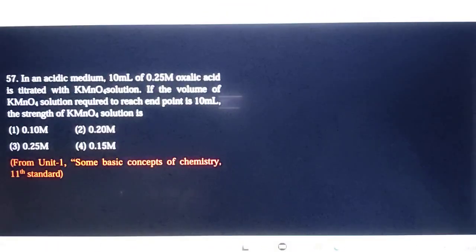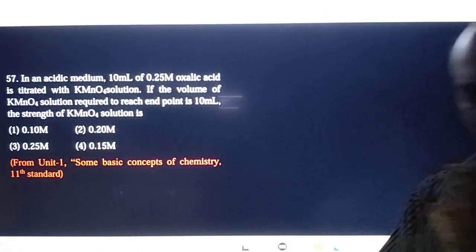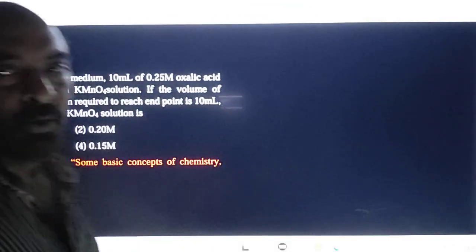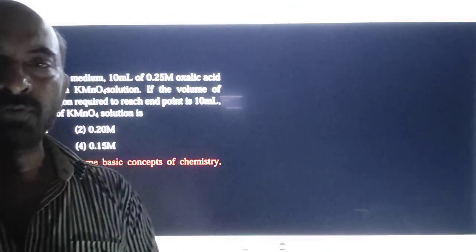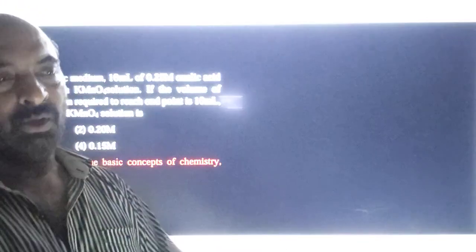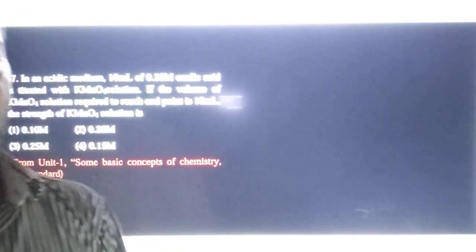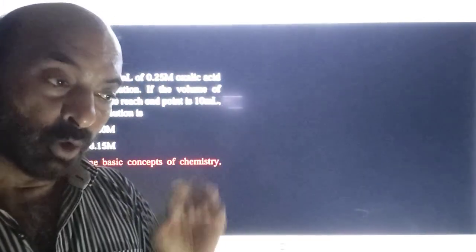Whether it is acid-base neutralization or a redox reaction between oxidant and reductant, the thing you have to remember is that at the end point, the number of equivalents of one reagent will be equal to the number of equivalents of the other reagent. How is the number of equivalents obtained?